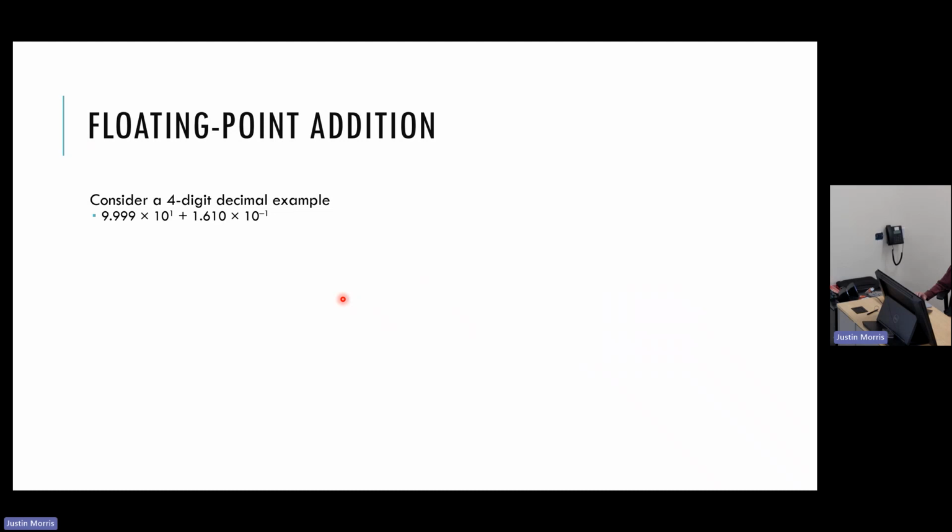So what we want to be able to do is something like floating point addition. We consider a 4-digit decimal scientific notation example. If you have this number and you want to add this number, what's the first thing that we do? How do I add these two things together? What's the first step?